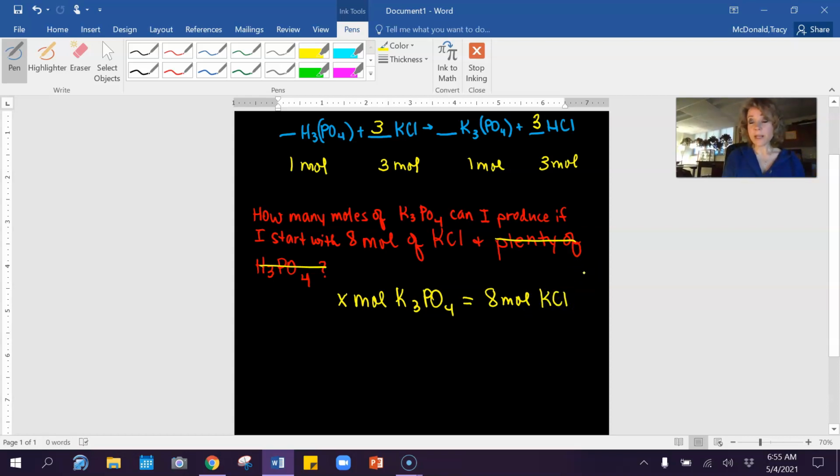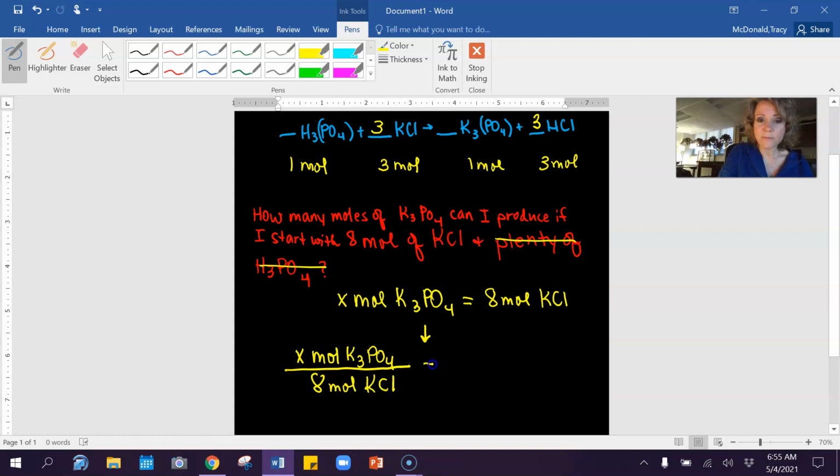But we're not going to write it like this. We're going to write it like a proportion. So let's redo this. And again, it doesn't matter what you put on top. It just matters how you set up your second proportion. So x moles of potassium phosphate equals 8 moles of potassium chloride.